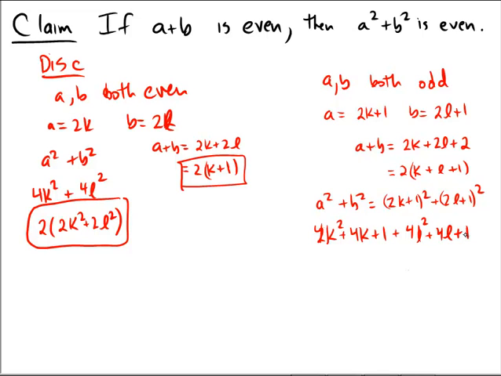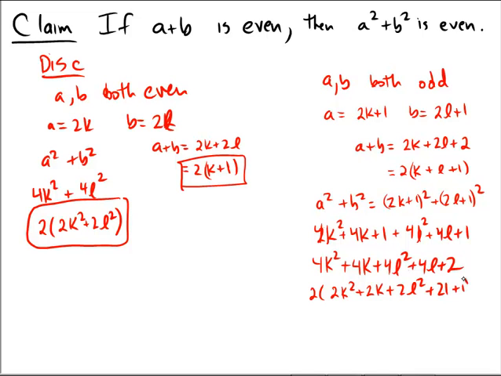Yep, lots of factors of 2 in there also, aren't there? 4k squared plus 4k plus 4l squared plus 4l plus 2, and that also has this common 2: 2 times (2k squared plus 2k plus 2l squared plus 2l plus 1). So that one is also going to be even. This will be even, this will be even.